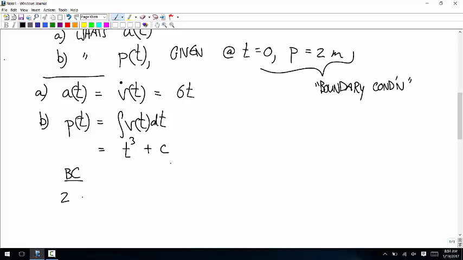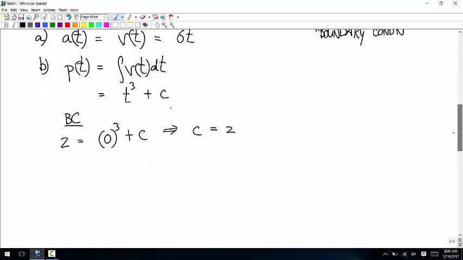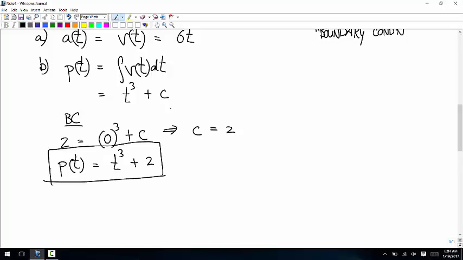So we have 2 is equal to 0 cubed plus c. Solve for c, and you get that c is equal to 2. And so the position function is equal to t cubed plus 2. Any questions about that?